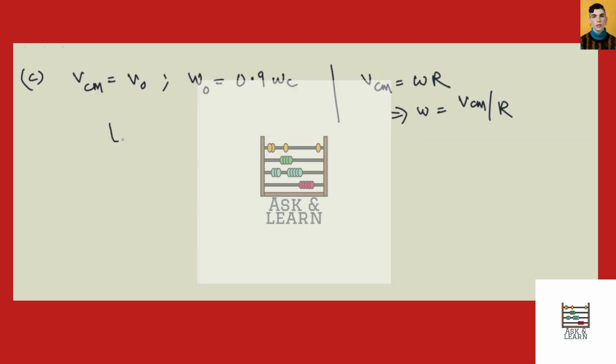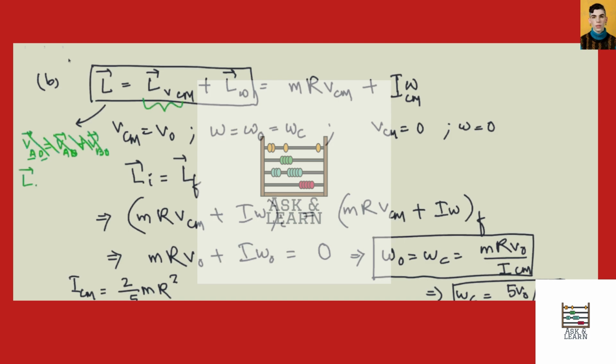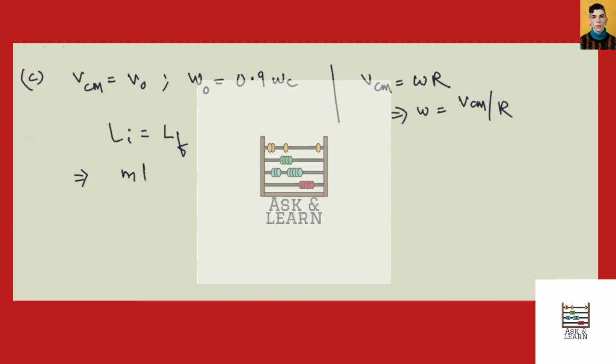So here, let me just write the condition for constant angular momentum. Now we will use this equation again over here. So initially we have mr, velocity of center of mass, plus I times omega naught, which is 0.9 omega c. Then for the final motion, we have mr, velocity of center of mass, plus I times the final angular velocity, which can be expressed as velocity of center of mass over r.